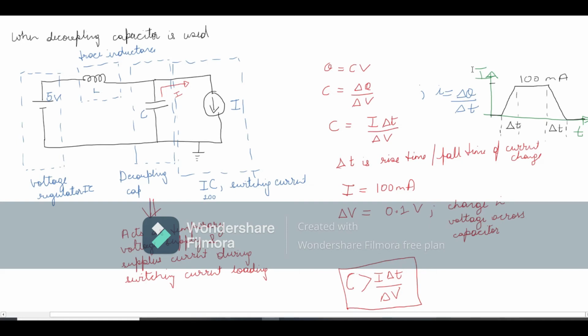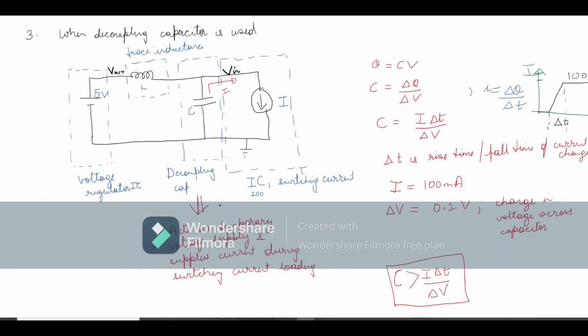Delta T is the rise time and fall time of the current drawn, and delta V is the change in voltage expected across the capacitor. This is considered as 0.1, and hence we get C, which has to be greater than I delta T by delta V. And now with the decoupling capacitor placed, when we measure the voltage at the VIN pin of IC100, it is free of all the voltage spikes and it is constant 5 volts.